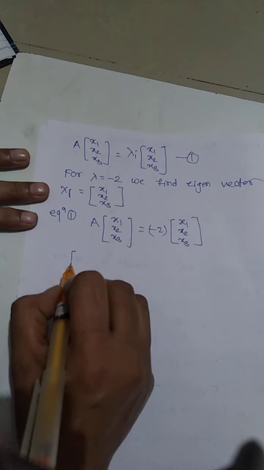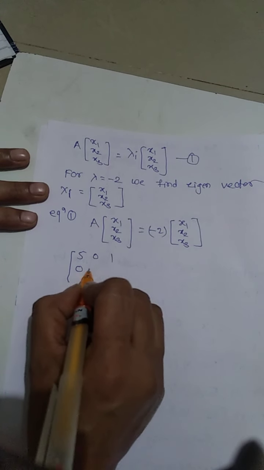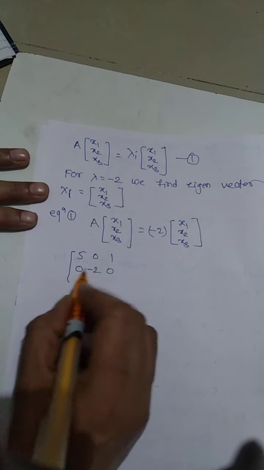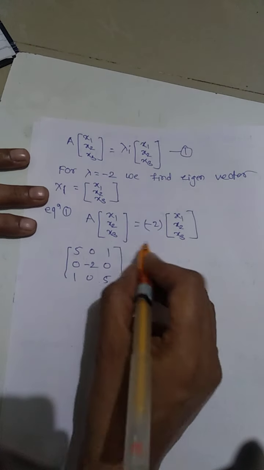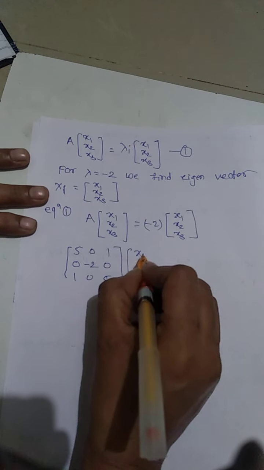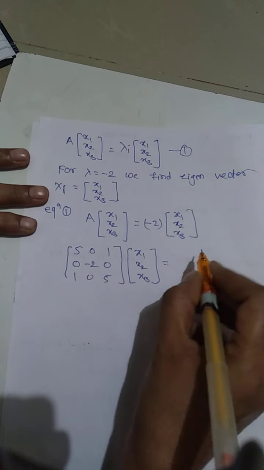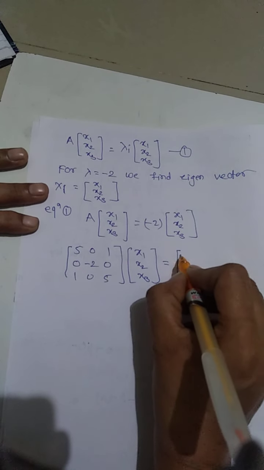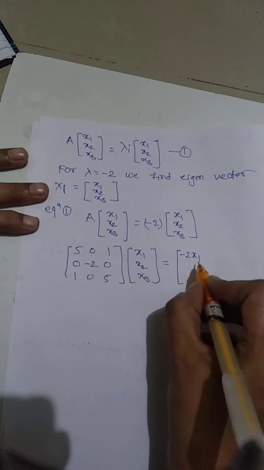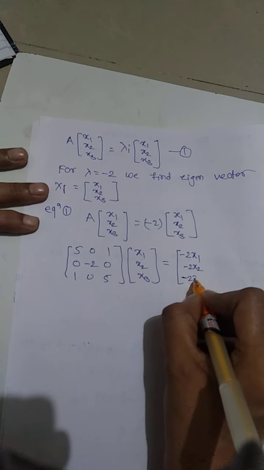Then put A is equal to [5 0 1; 0 -2 0; 1 0 5] times (x1, x2, x3) is equal to (-2x1, -2x2, -2x3).